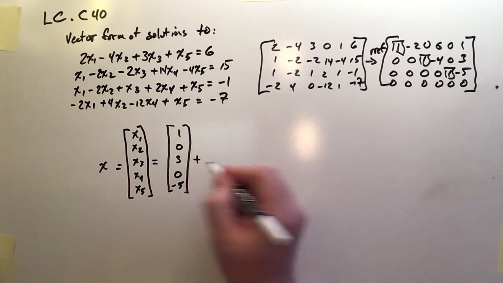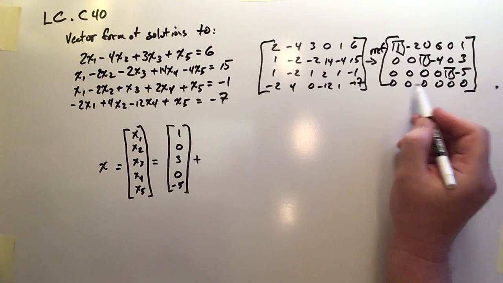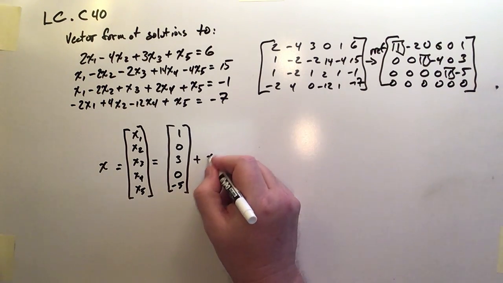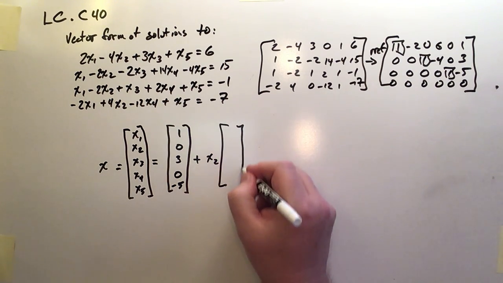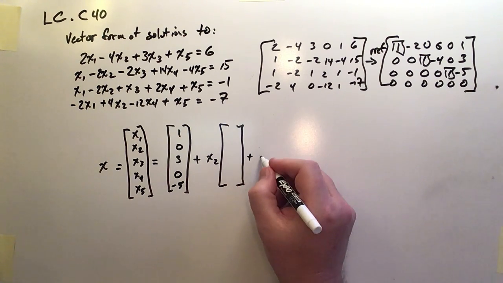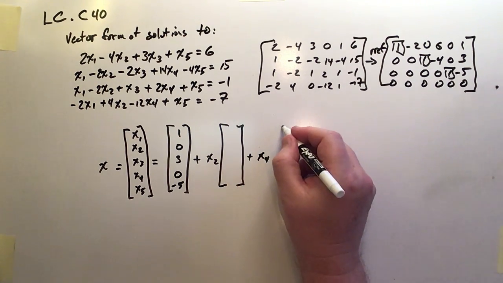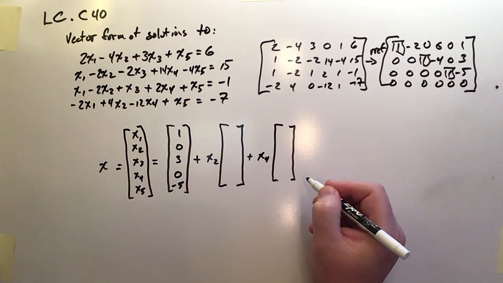I add on my free variables, and then I'll build the vectors for those. My free variables are 2 and 4, so it's going to be x2 times a column vector, and this guy will take on real importance in our next lesson, and then x4 gets its own column vector, and then we'll be able to build the entire solution set out of this.